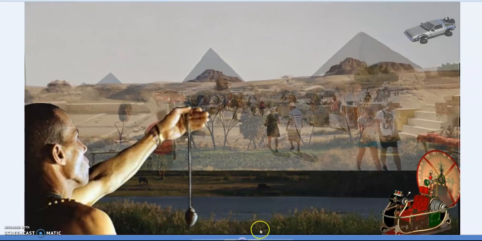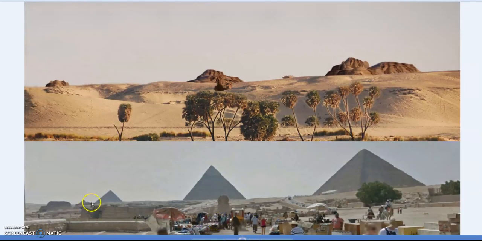So let's hop in a time machine and we can start to recreate the environment as it was before. So beneath, as it is now, and as best as I can do, a reconstruction of what it could have been like going back before the pyramids were built.